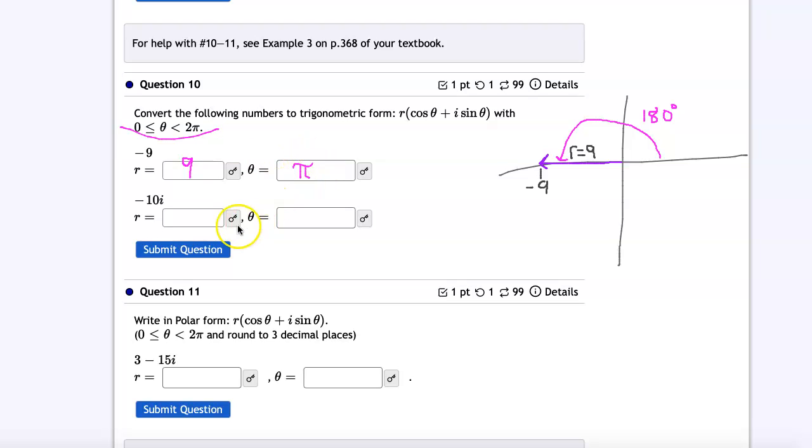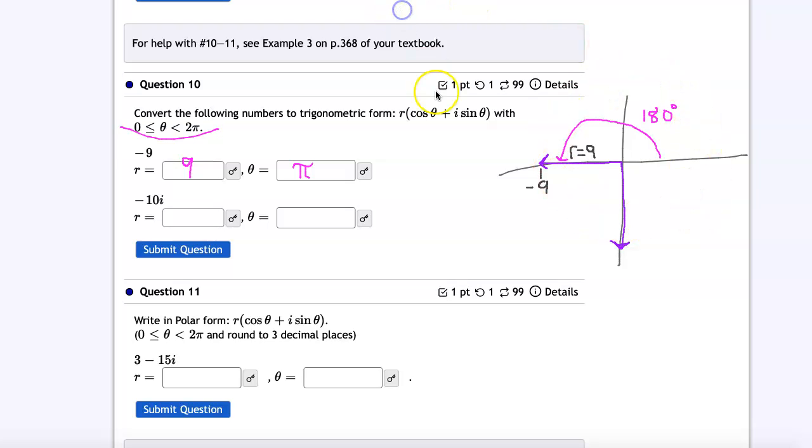And then when we look at this other value, negative 10i, the y-axis is your imaginary axis. The x-axis is the real number line that you learn about in elementary school. The y-axis is your imaginary number line, and together they make the complex plane.